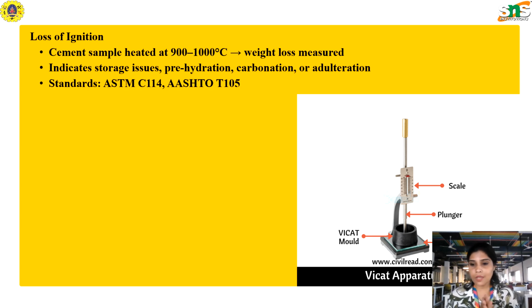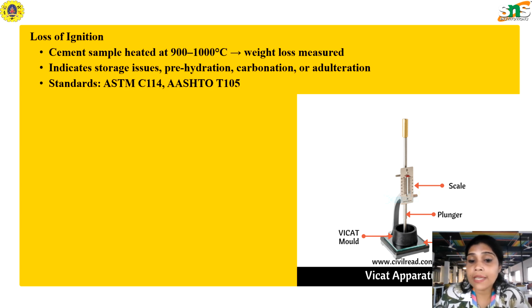I'm talking about the cement which is prepared in the factory and kept in silos, very huge structures to carry cement. Similarly, adulteration during transport, such as mixing with dust or impurities, can also increase the loss on ignition values.